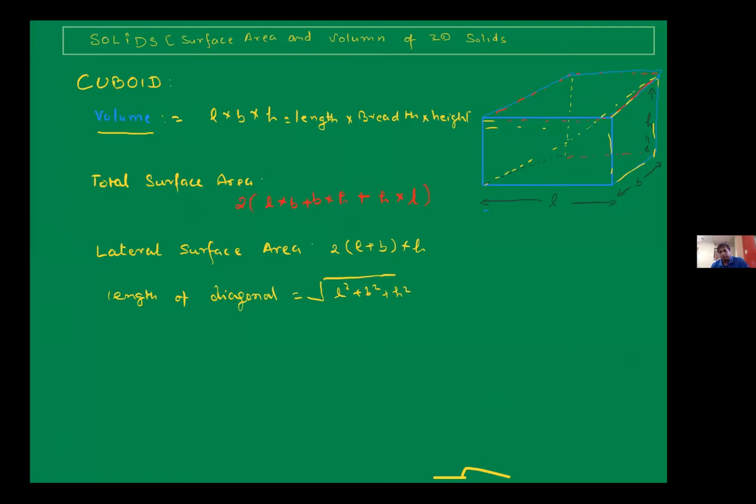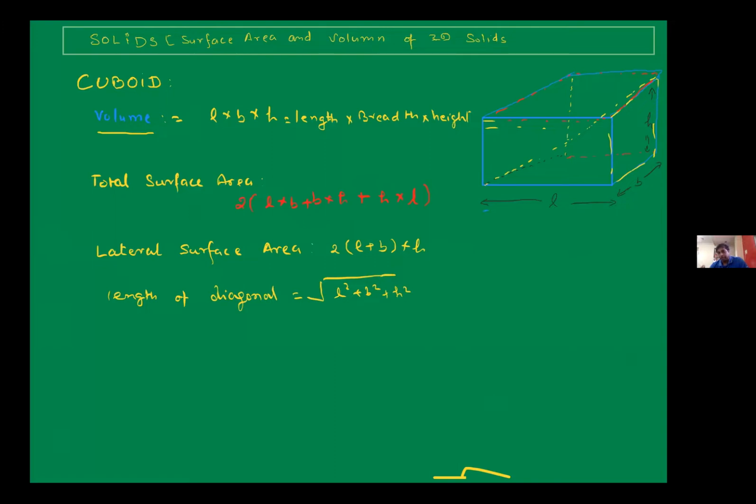First thing we need to understand is what the diagonal is in the cuboid. The diagonal is the largest rod we can keep in the cuboid. Suppose we have a house, and that house has all the sides in rectangular shape. So how to find the diagonal?